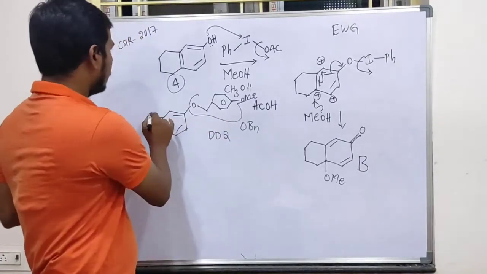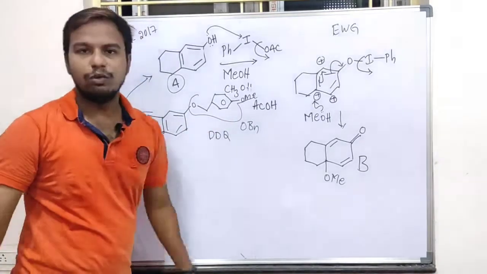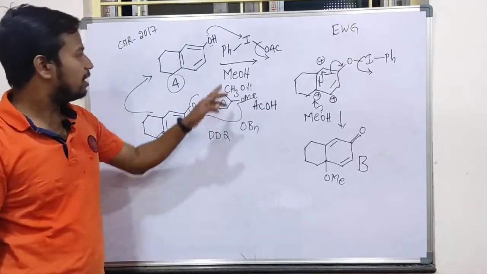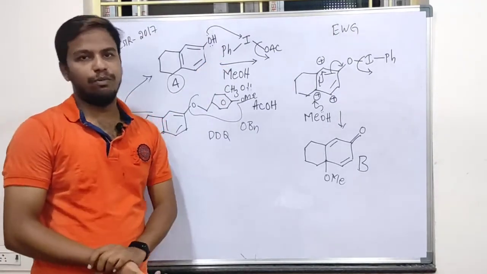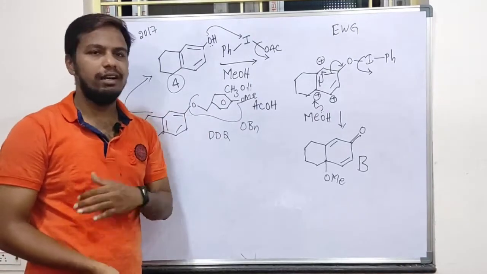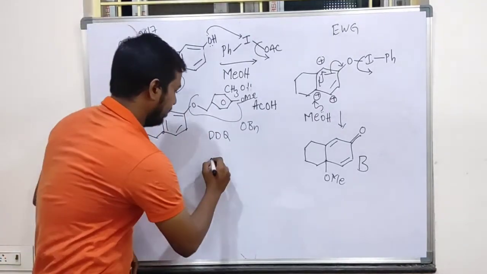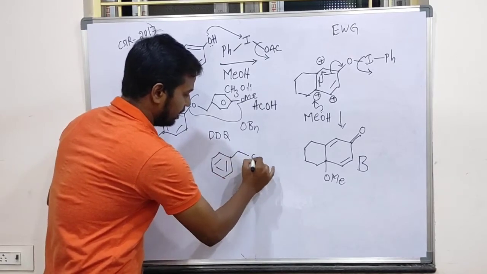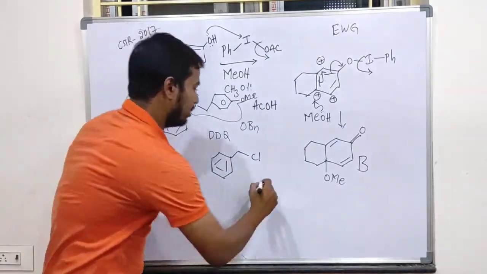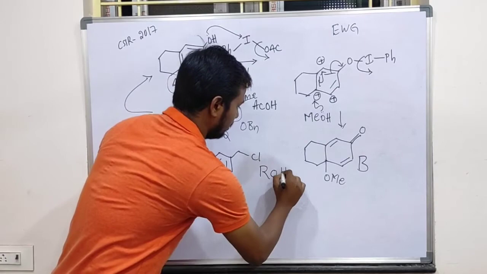Yes or no? After deprotection we are getting this. So what is it protecting? That benzyl group is protecting alcohols. So the best functional group to protect the alcohol is the benzyl functional group. In many cases benzyl chloride is used for protecting alcohols. So how is it happening?